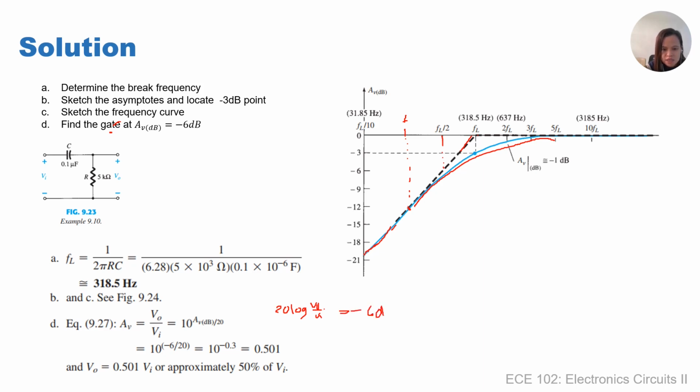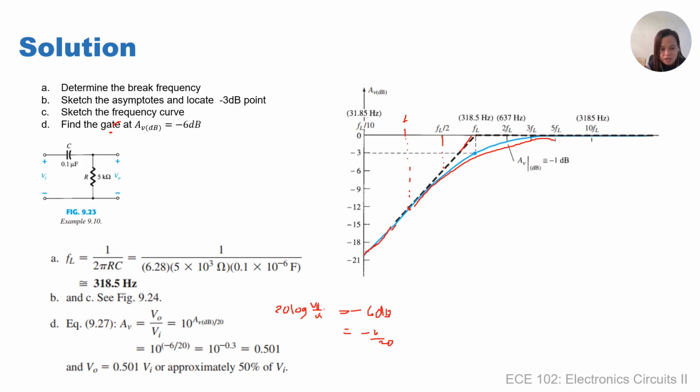By using the anti-logarithm, we have negative 6 over 20. When we say anti-logarithm, we just raise 10 to this value. So 10 raised to negative 6 over 20, or negative 0.3, is 0.501.